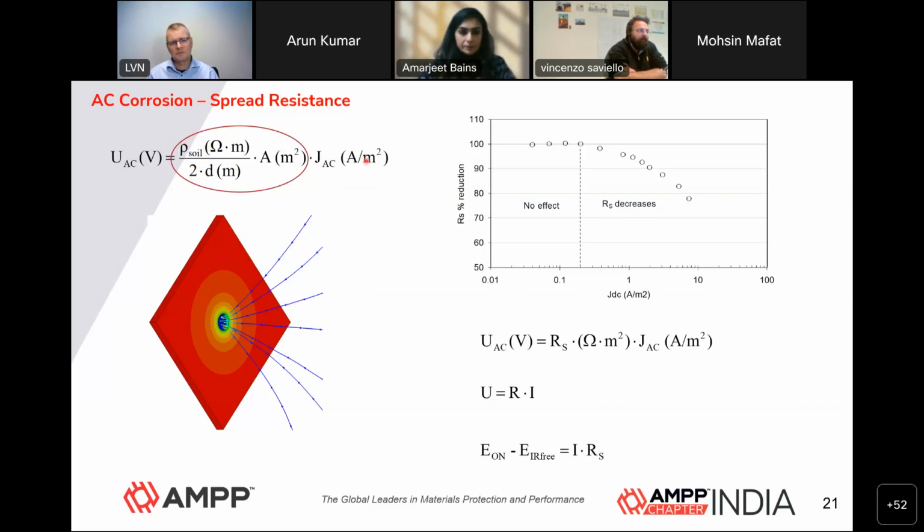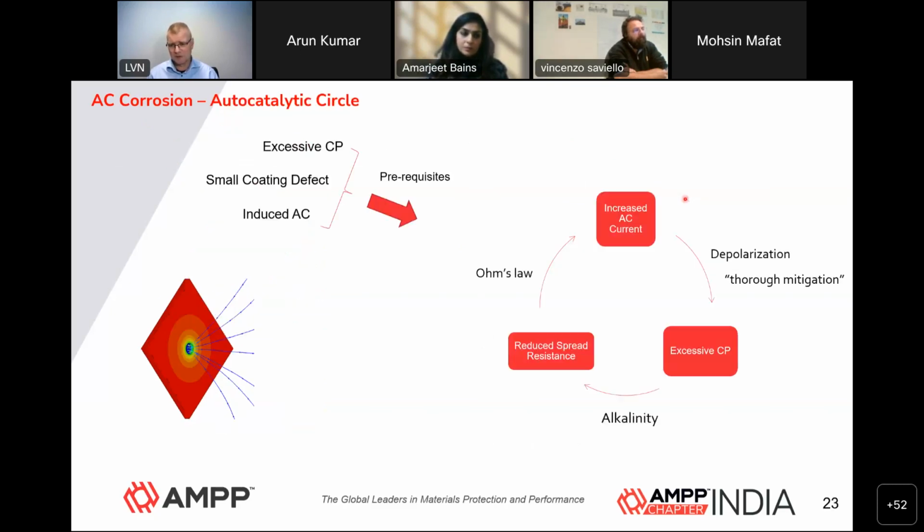And I've spent my whole career warning a little bit about that simplification, because it's not the soil resistivity which is the primary factor. It's the DC current density, and whether that DC current density starts to reduce the spread resistance, because then you have your autocatalytic circuit where AC corrosion is going faster and faster and faster. So you have to get the other way back out of that circuit.